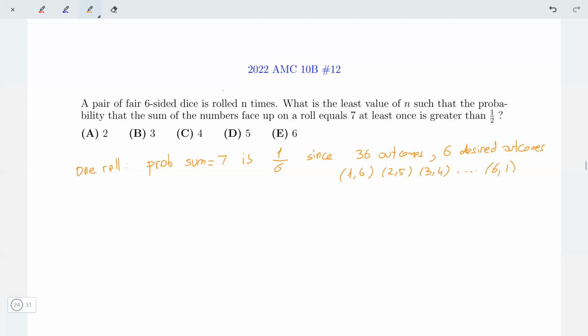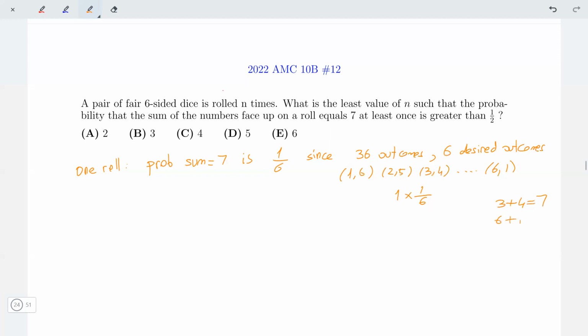up to 6, 1. Another way to see this is no matter what the first die roll is, there's a 1/6 chance of the second one being such that the sum is equal to 7. So for example, if the first one is 3, there's one possibility for the second one to make a sum of 7.